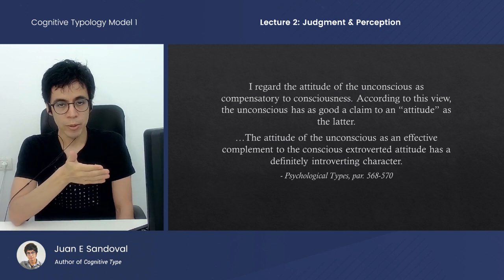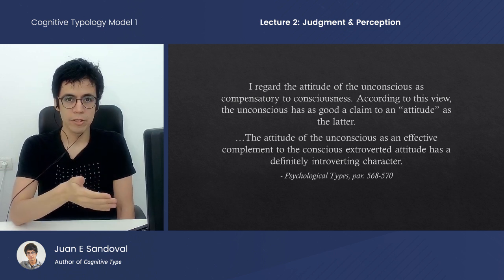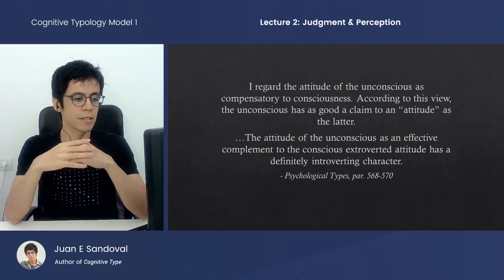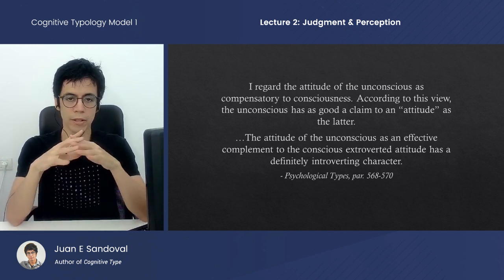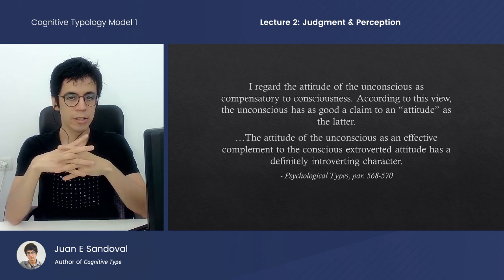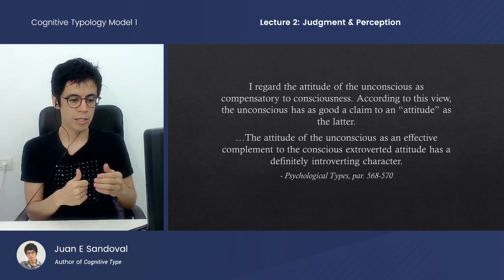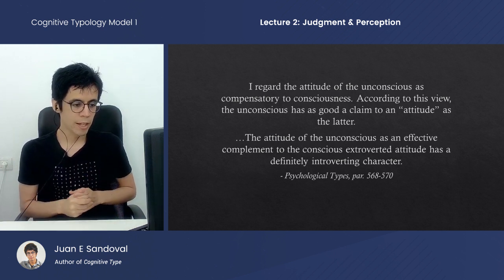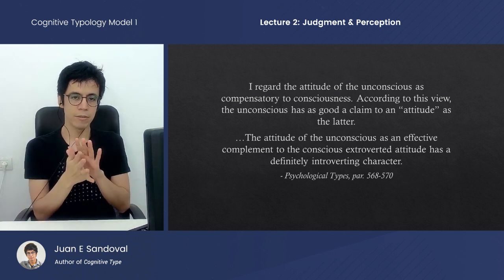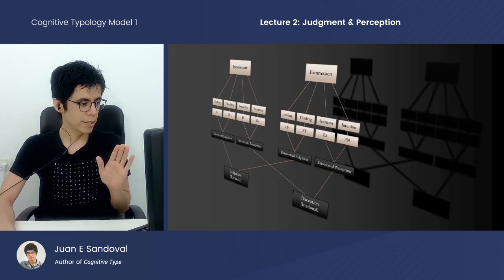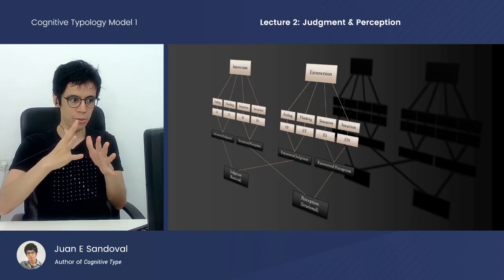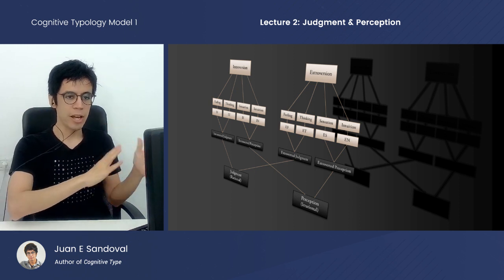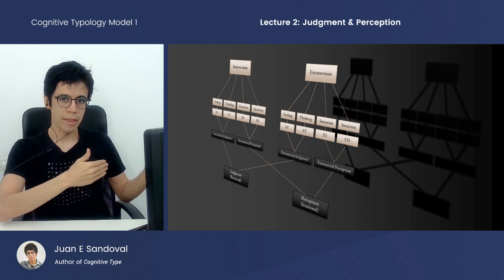And in this particular quote, he's describing how extroversion has a compensatory introverted character, but he does this in his book across various other dualities, including thinking having a compensatory feeling and vice versa, and sensation having a compensatory intuition and vice versa. And so now we have another side of this diagram here, which we can model like this. So here you can see the tree that we drew, which comes in from top and bottom, but behind it there's a kind of shadow, which is everything that is not that thing.